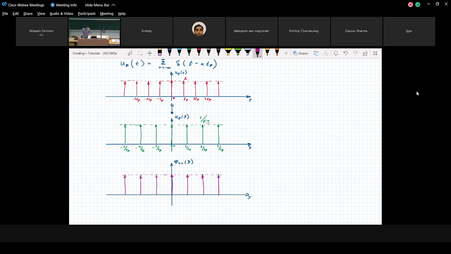In this case, magnitude will be 1 over T subscript P squared. This is just calculating the squared value of each.